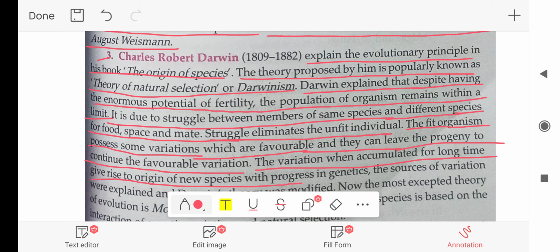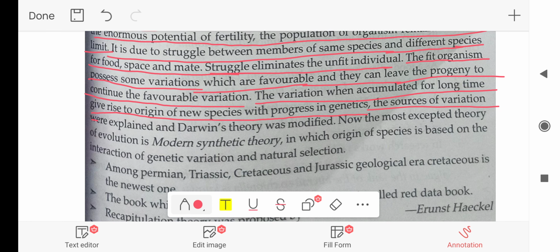With progress in genetics, the source of variations was explained and Darwin's theory was modified. Now the most accepted theory of evolution is the modern synthetic theory, in which the origin of new species is based on the interaction of genetic variation and natural selection.